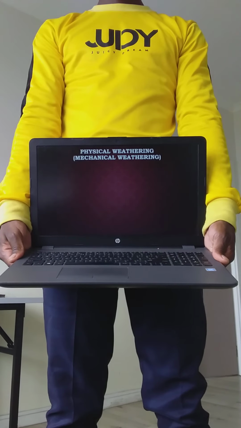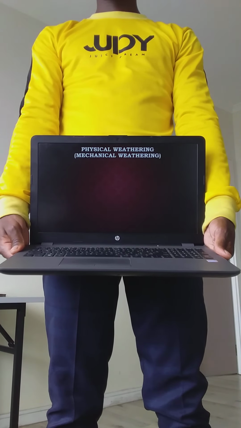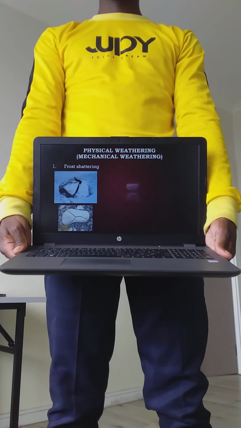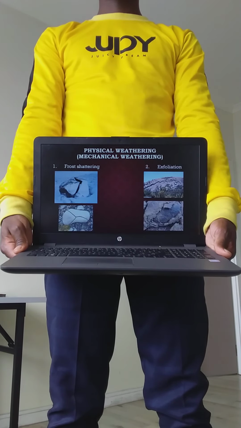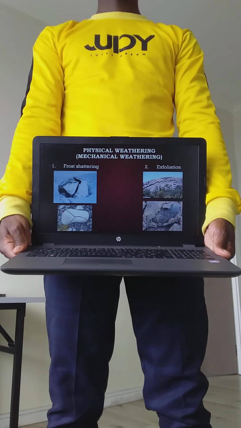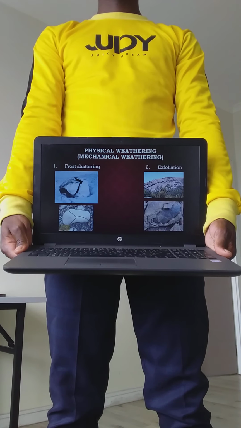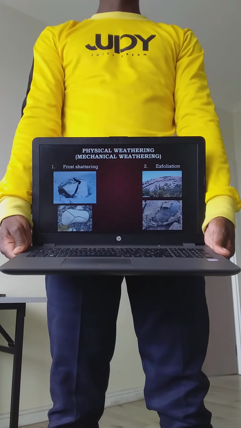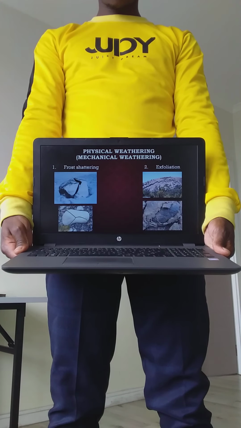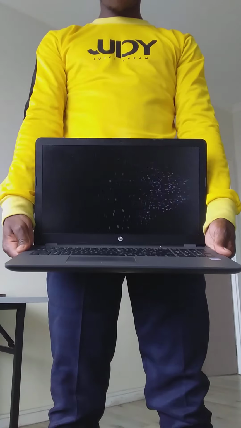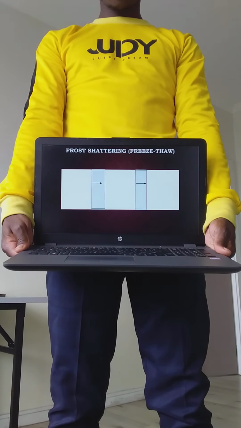Physical weathering comes in two main types: frost shattering, also known as freeze-thaw action, and exfoliation, also known as onion skin weathering. You should already be able to identify what rocks affected by each form of physical weathering look like. Frost shattering causes rocks to be fractured into shards or pieces, while exfoliation causes rocks to peel, hence the onion skin name. Let's look a little bit closer at the frost shattering process.